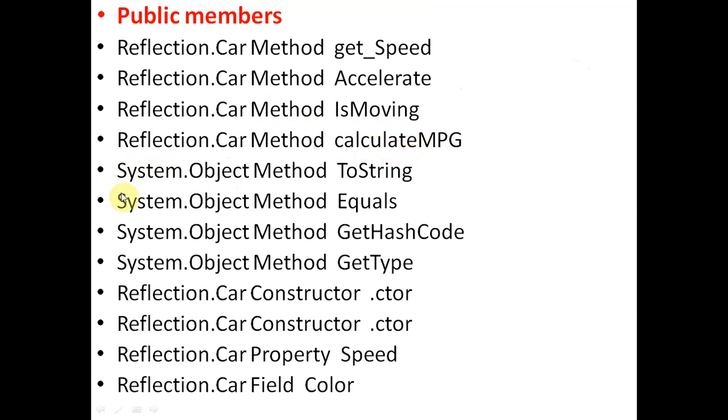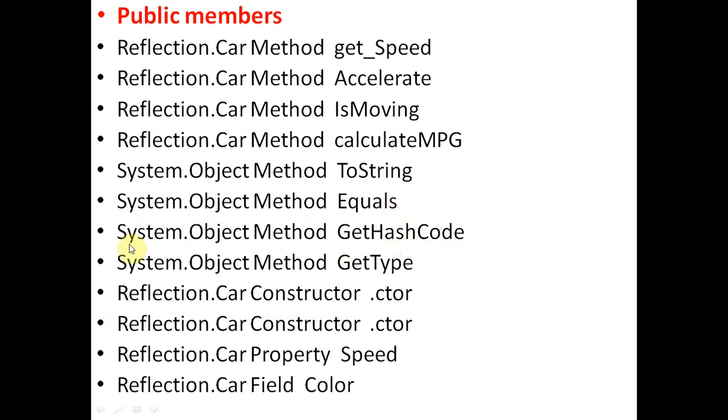Now we are writing here system dot object method to string. We have to string, equals, get hash code, and get type. We are using all these predefined methods. Equals, get hash code, and get type are all inside system dot object.